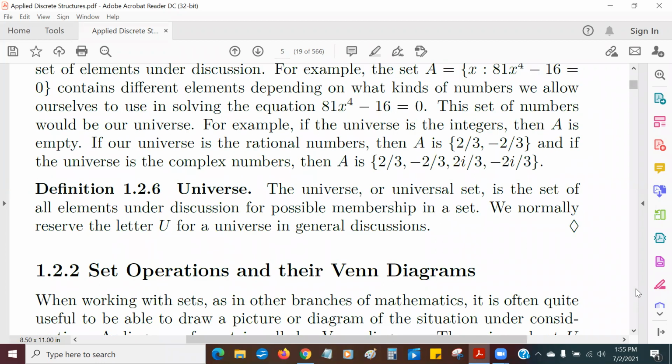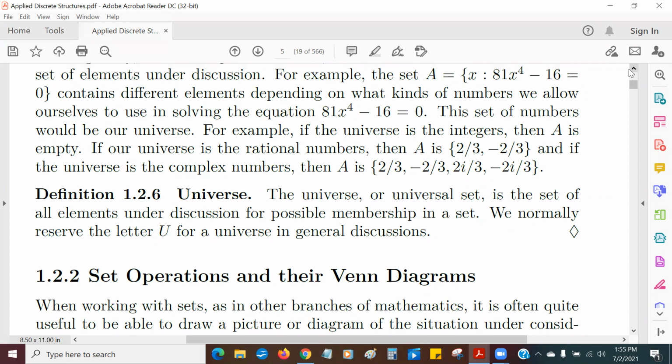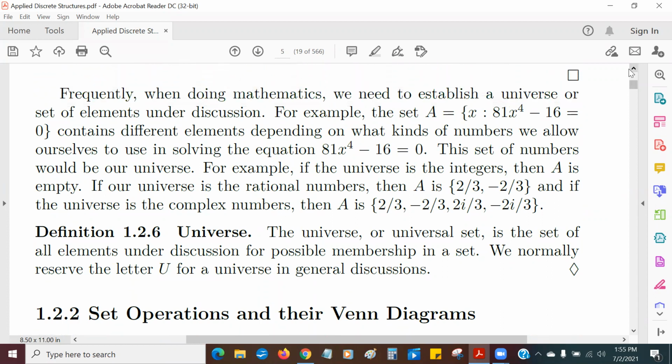Now, a lot of times in math, we need to define what we in set theory call a universe. In other words, a set of elements under discussion. For example, if we're talking about a real valued function, then the universe might be all real numbers.